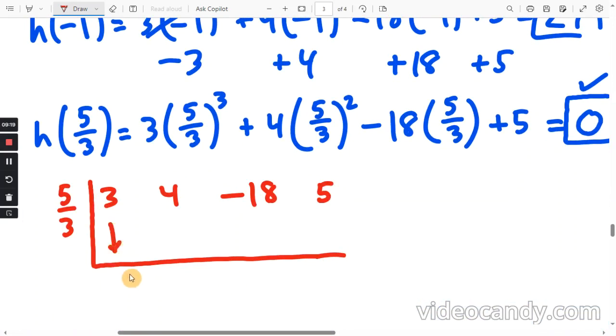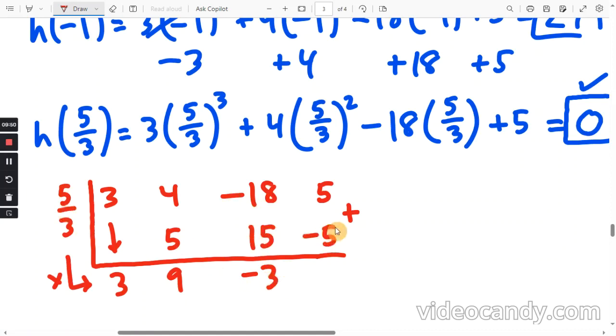All right, bring down your 3 and multiply. 5/3 times 3 is going to be 5. And we're adding vertically. 4 plus 5 is 9. 5/3 times 9. Well, 9 divided by 3 is 3. 3 times 5 is 15. -18 plus 15 is -3. And finally, 5/3 times -3 is -5. And the remainder is 0.